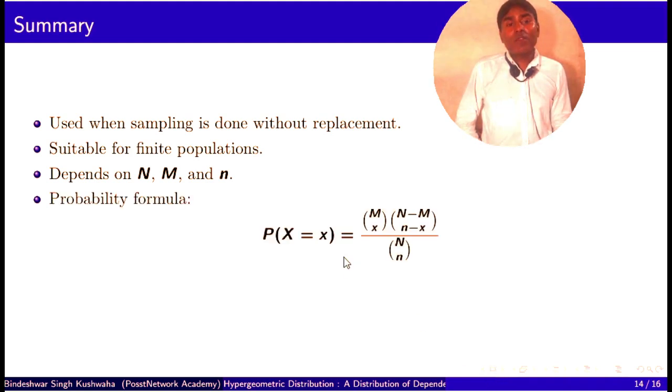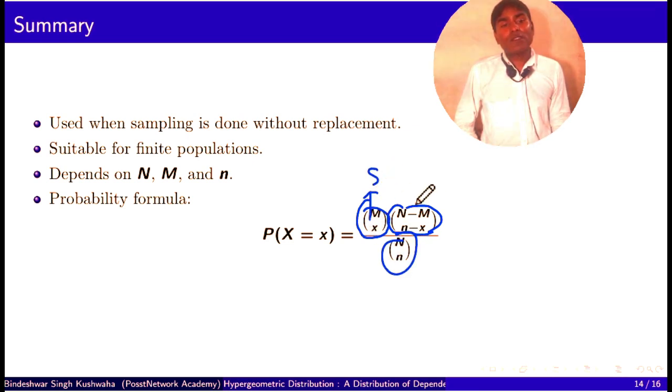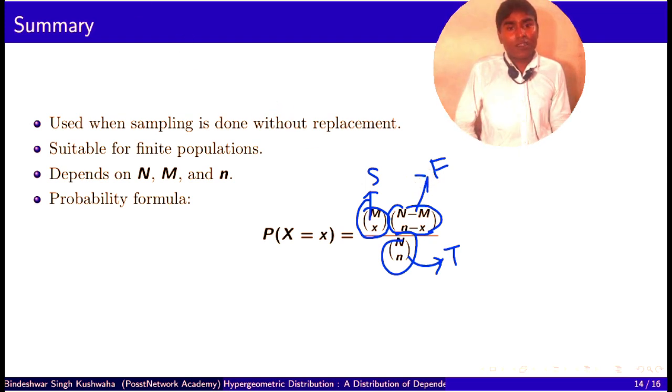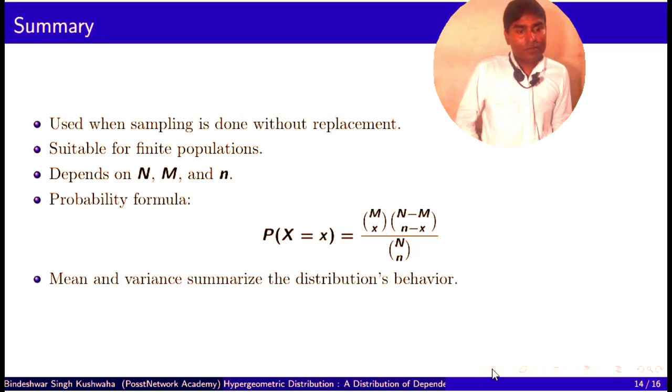For the probability formula, m C x is for success, and again I am drawing success ways and failure ways over the total ways. So this way we calculate the probability. This is the PMF, probability mass function, of the hypergeometric distribution.